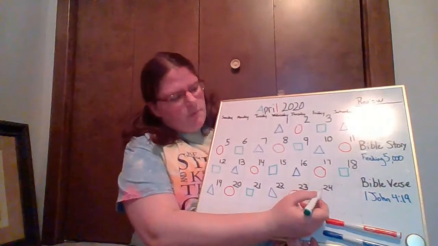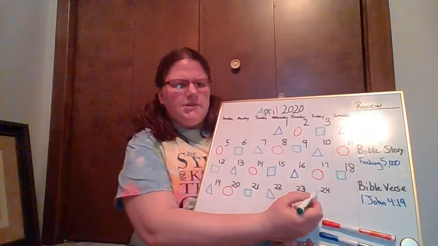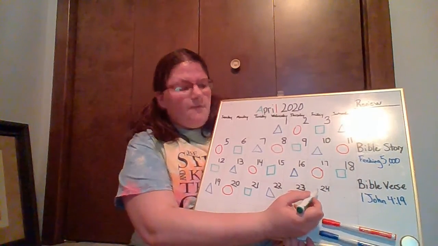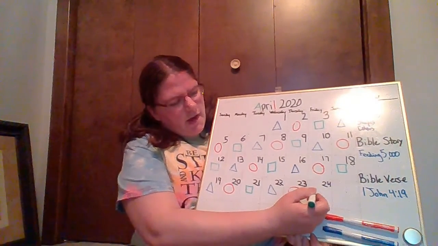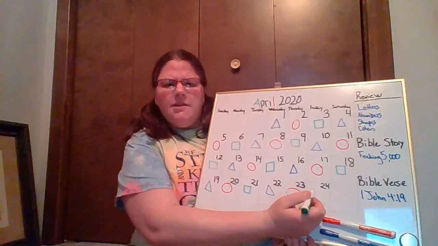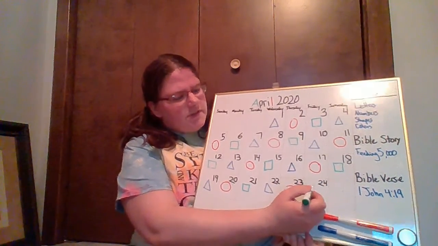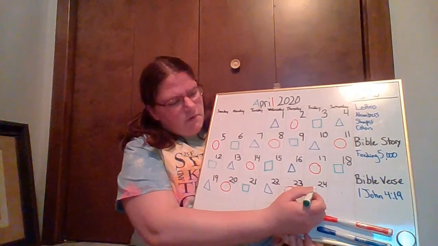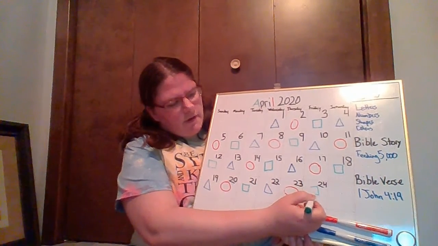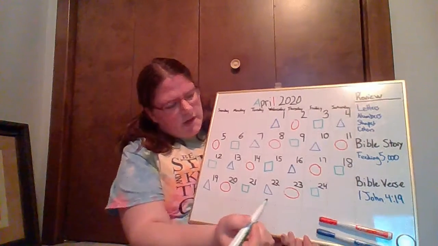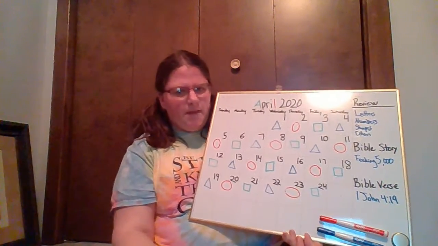Now square, remind me, a square has how many sides? 4. Okay, 4. And are they all the same or are they different sizes? They're the same size. So 4 sides that are all the same size is a square.